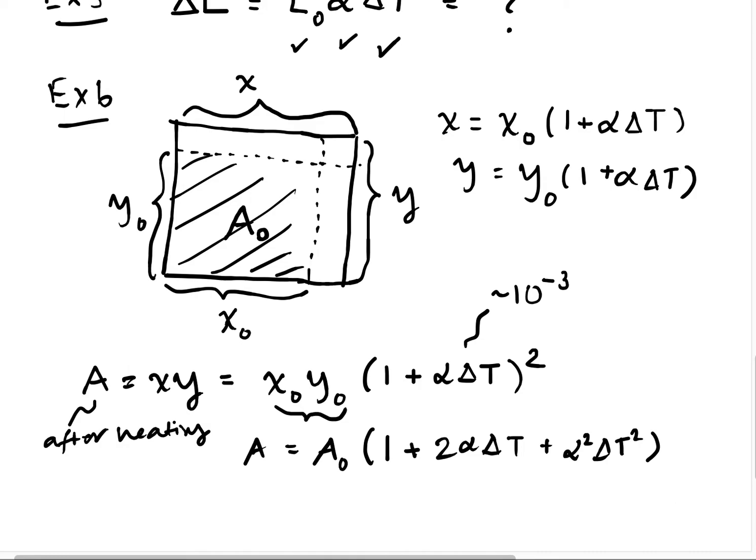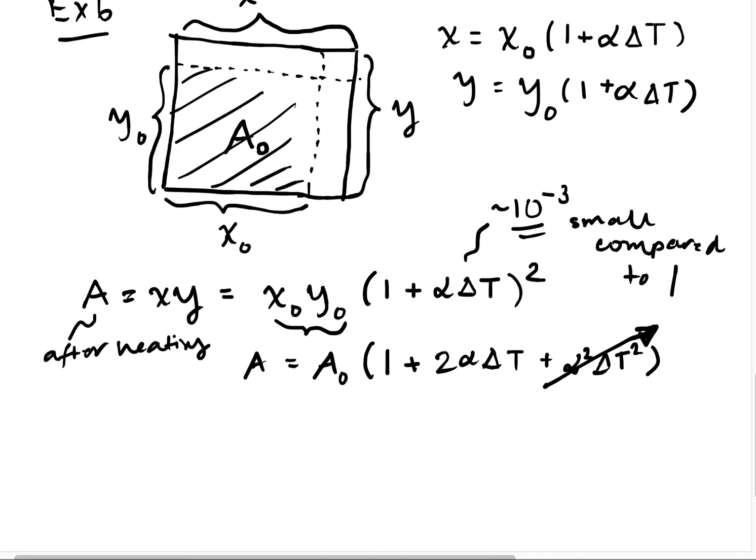So at this point, alpha delta T is a very small value compared to 1. So the square of this term, alpha delta T, can be neglected because it is very small.